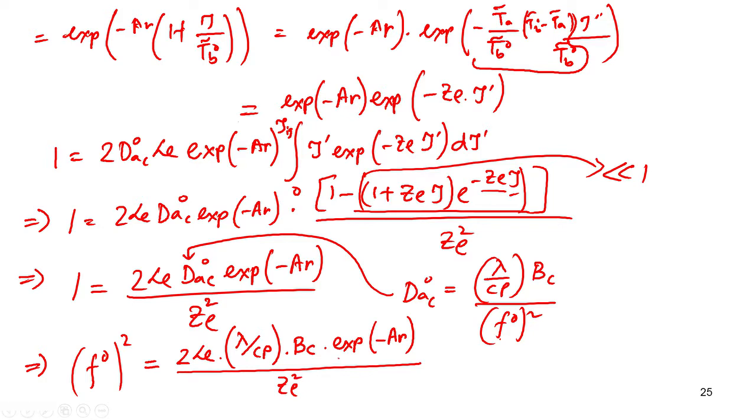Now this B_c times exponential of minus Arrhenius number is essentially your w_b0, right? That is the reaction rate measured near the burnt gas temperature.